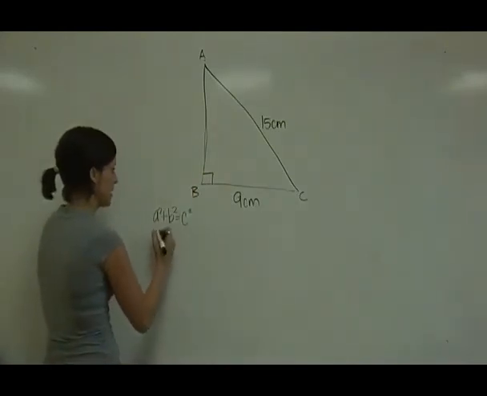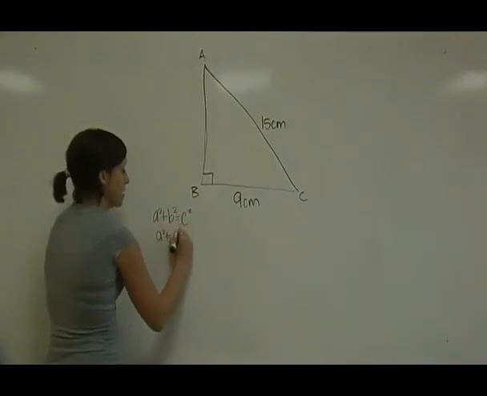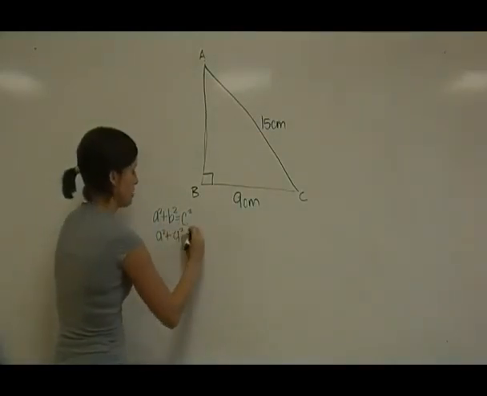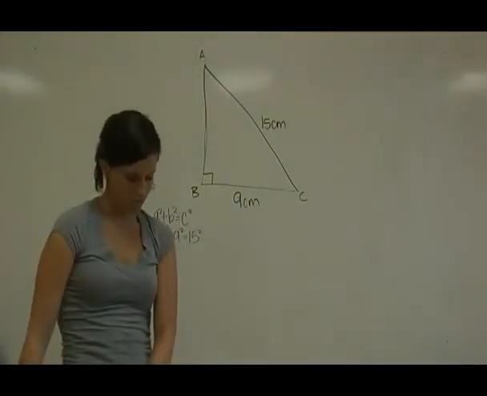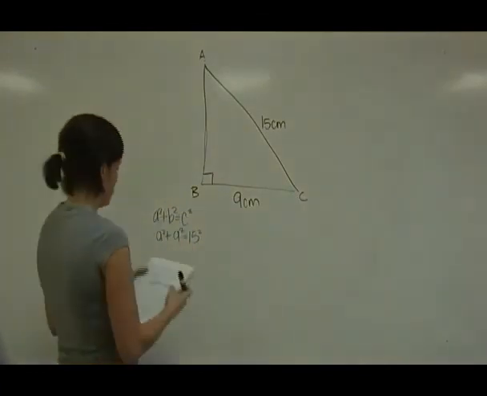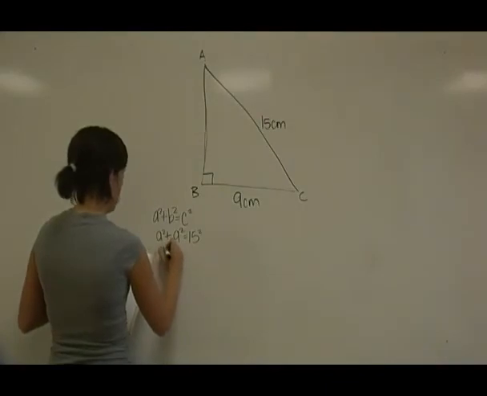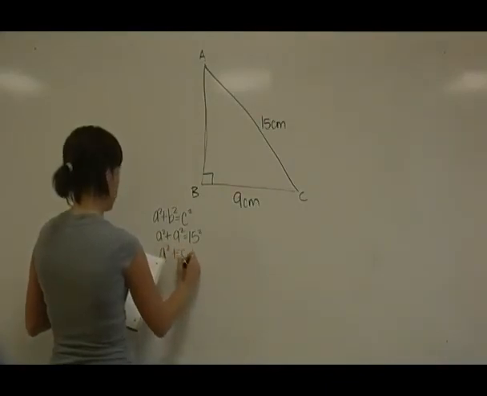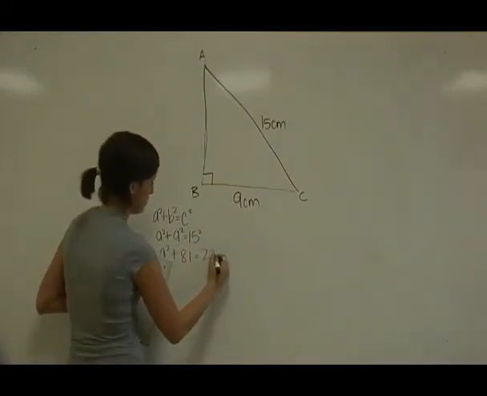So let's plug it in. We have a squared plus b squared, which is 9, equals 15 squared. Okay, so we have a squared plus 81 equals 15 squared, which is 225.